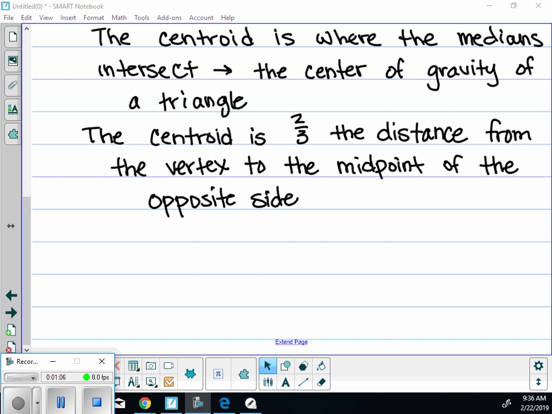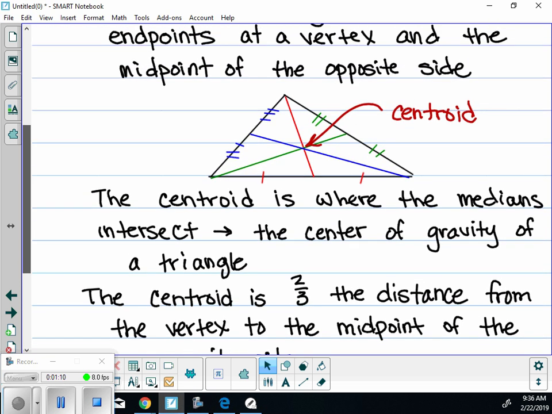In a triangle. So if we go back to my triangle up here, what it means for the centroid to be 2/3 the distance from the vertex means that of this line, 2/3 of it is on the vertex side and 1/3 of it is on the other side.